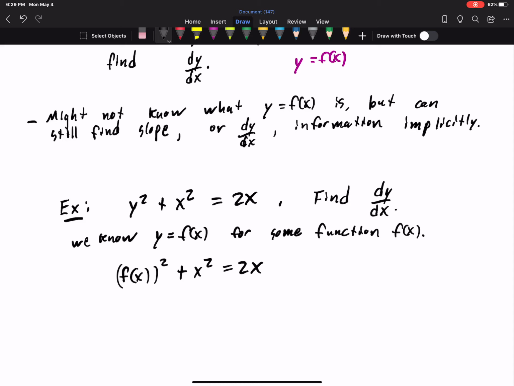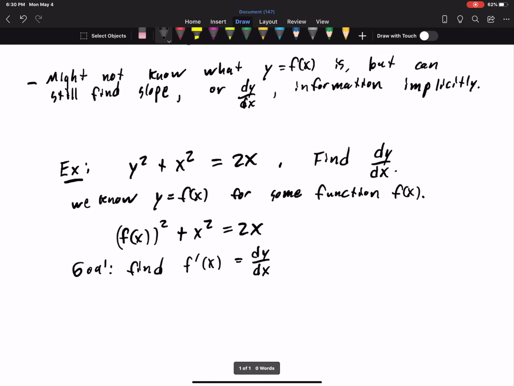So I'm told that f of x squared plus x squared is equal to 2x. My goal? Find f prime of x, which is the same thing as dy dx, because y is equal to f of x.